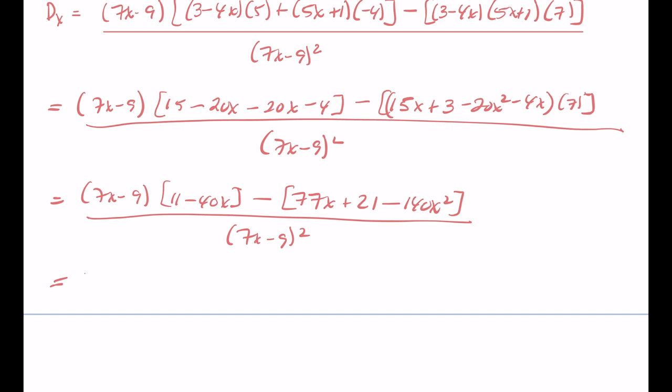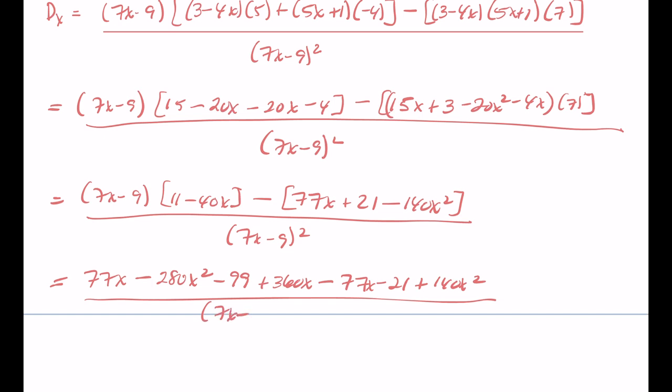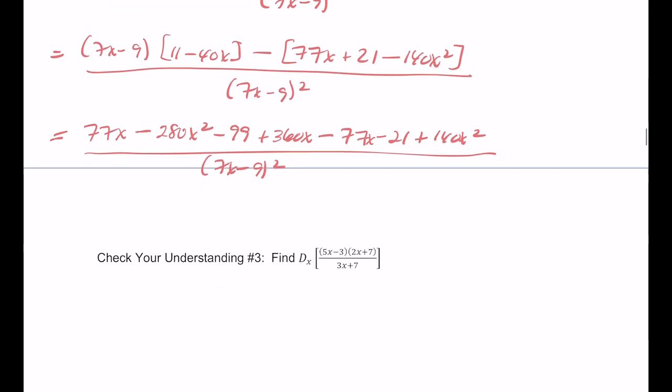So 7x times 11, 7x times negative 40x, and then negative 99, and then plus 360x. And then I've got minus 77x minus 21, and then plus 140x squared over 7x minus 9 squared.